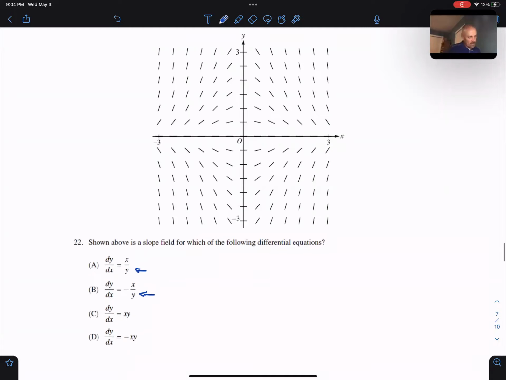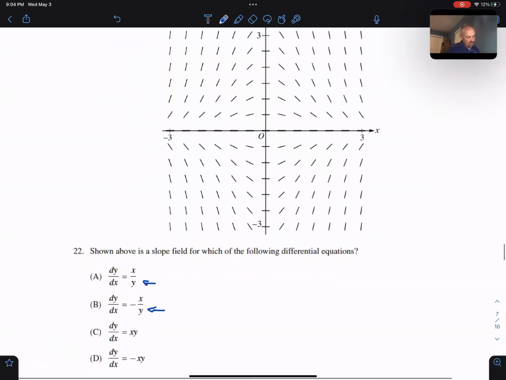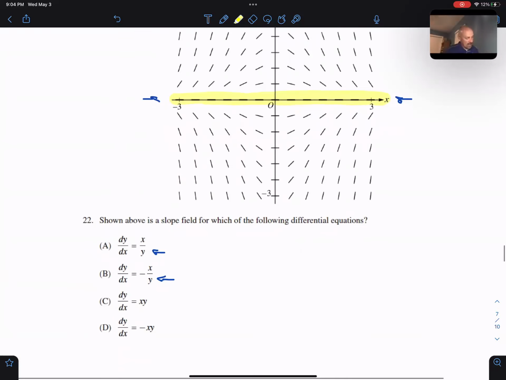If that's the case, when y is 0, on the x-axis, I shouldn't see any tangent lines, but I do see tangent lines and they're horizontal. So basically, that can't be A or B, because if y was 0, the tangents would be undefined. I'd expect to see vertical tangent lines, so that's not going to work.